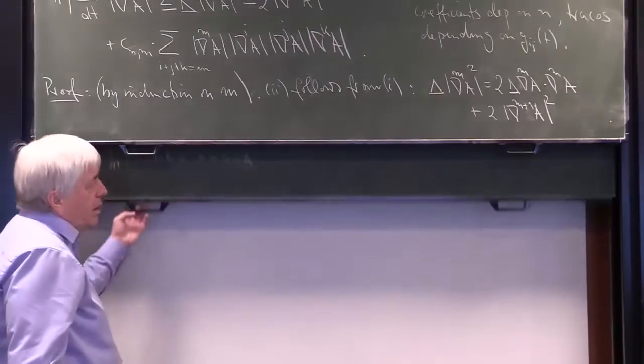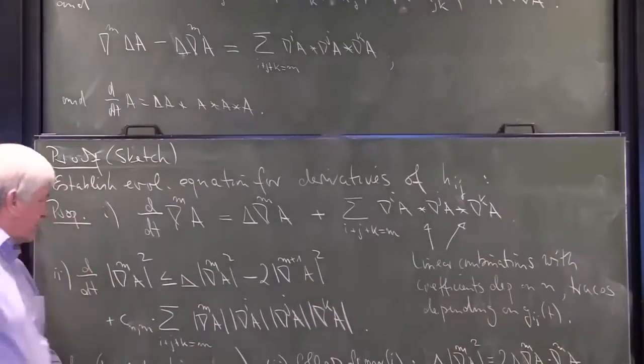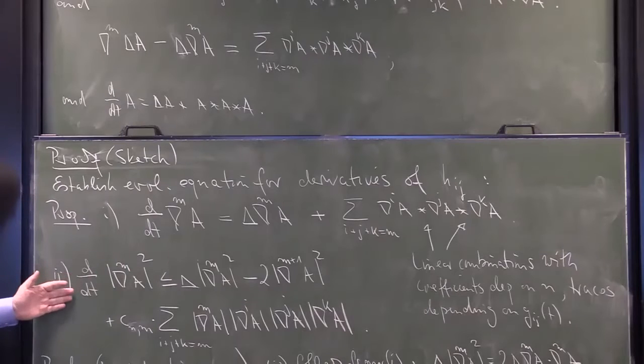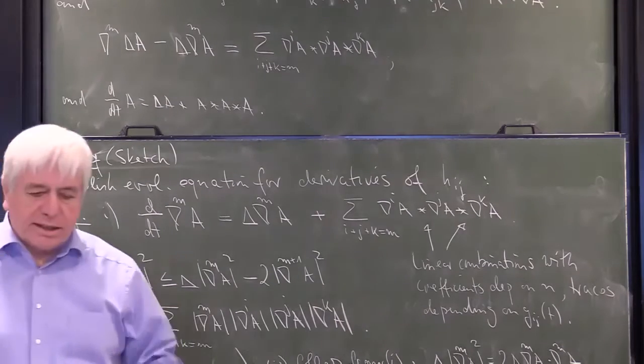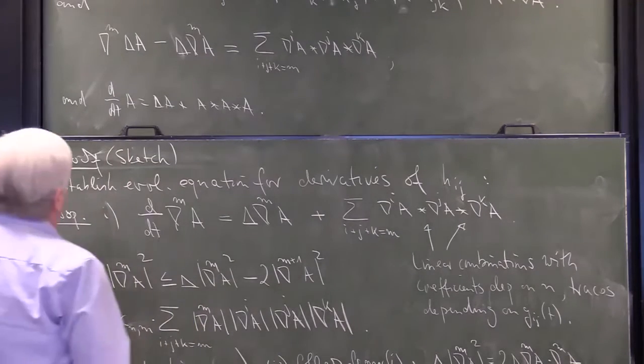Now, once we have this estimate here, it's clear that a bound on the curvature implies a bound first on the first derivative, then on the second derivative, and so on. Let me just show you the first two steps.